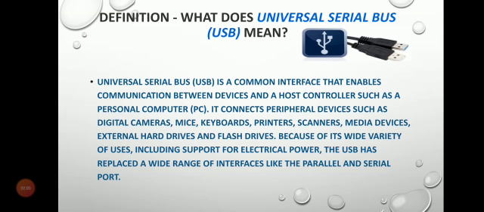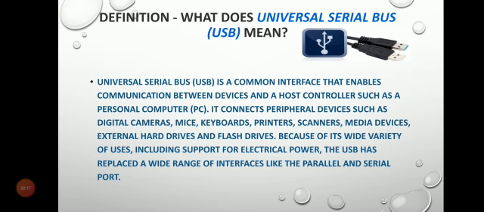If a new device is detected, the computer will look for the device driver which matches the device, and if this is not available, the user is prompted to download the appropriate software.